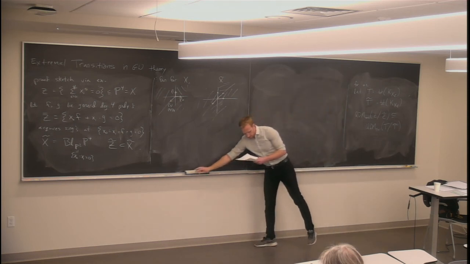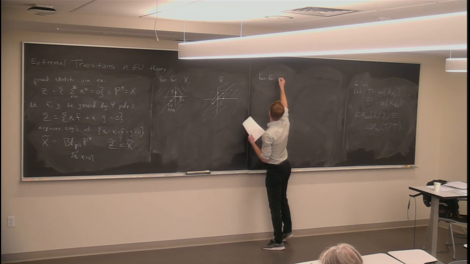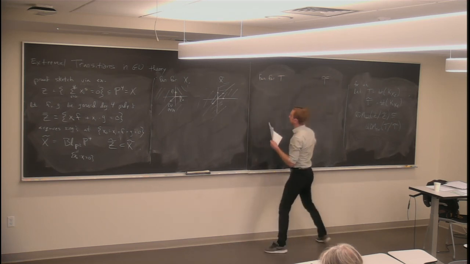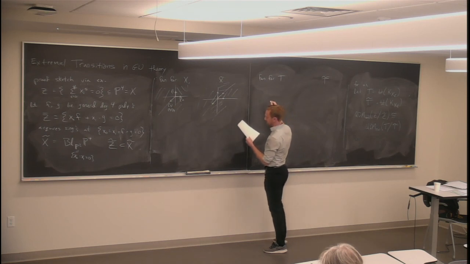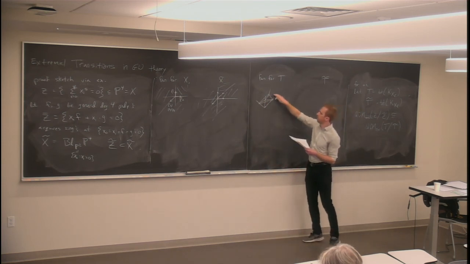So we'll start a new page here. The fan for T looks like that. So this is like the height 1 slice.